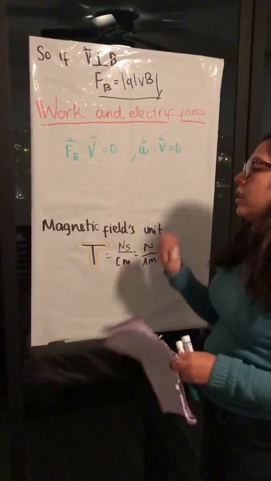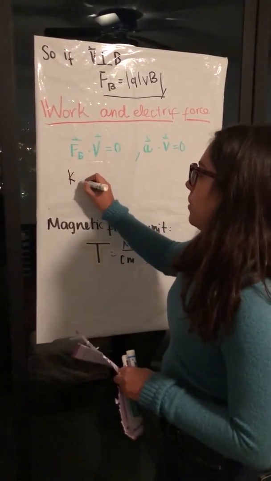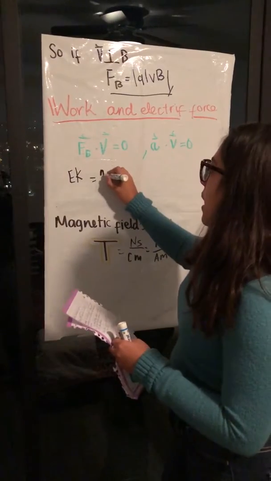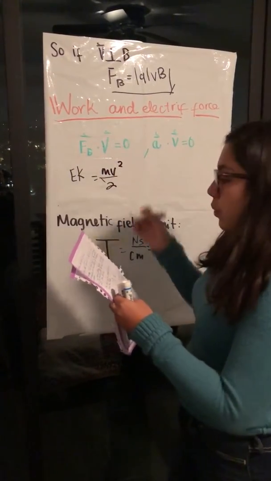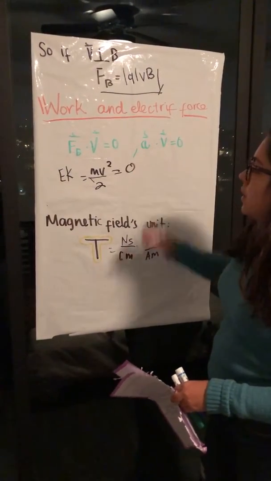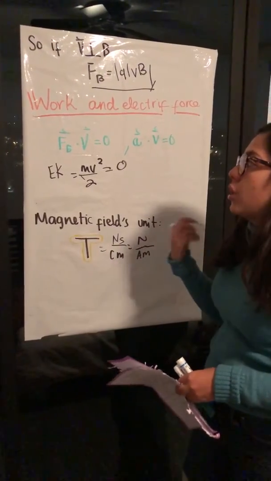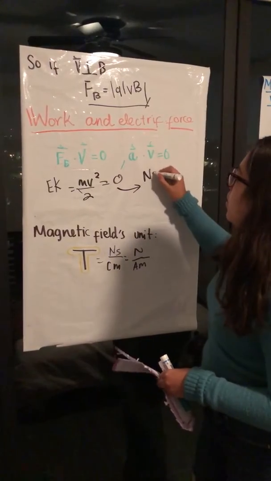Saying so that the kinetic energy, which is given by one half mv squared, would be equal to 0. With this in mind, we can say that there is no work done to the particle.